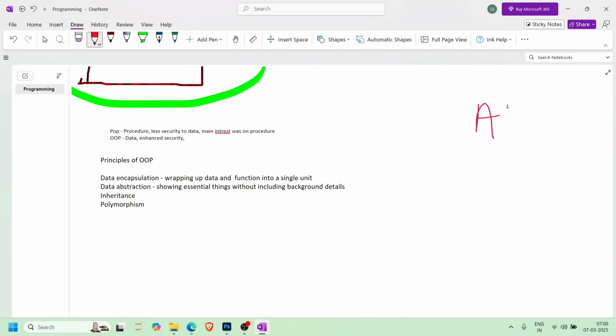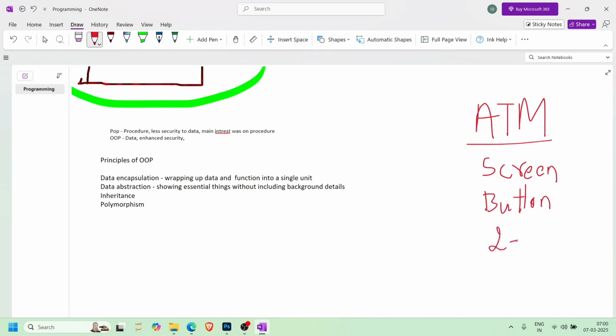Let us take a real world example of an ATM. When you withdraw money from an ATM machine, it provides me a screen, some buttons and two places: one for money withdrawal and the second for card insertion and receipt.